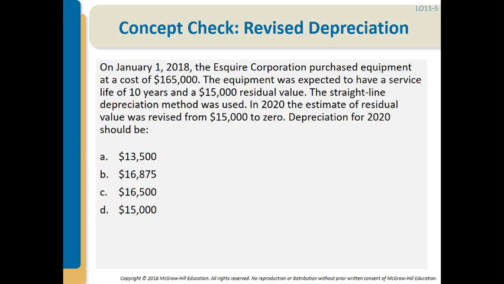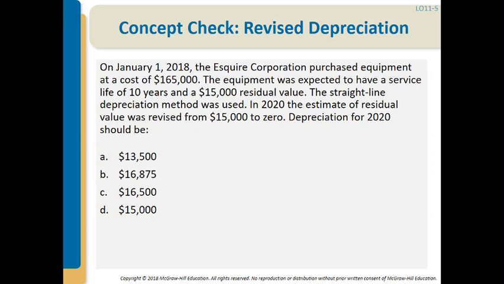okay, so your depreciable base is $150,000, 165 minus 15, and so at the end of the second year you would have depreciated $30,000, and so your book value at the end of that second year is $135,000.